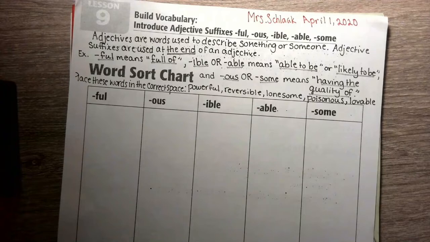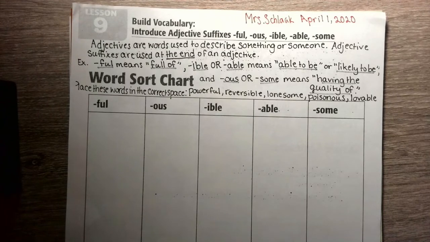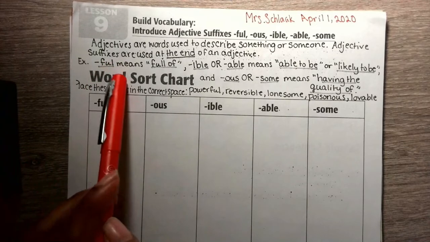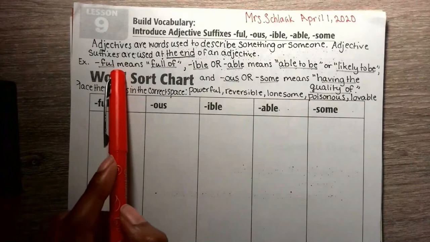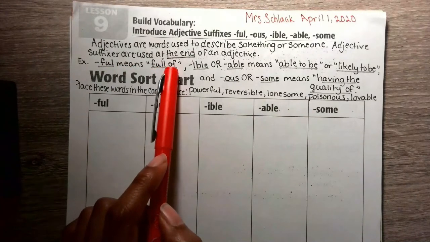And sometimes at the ending of these adjectives, there are suffixes. And these suffixes have specific meanings. So I just gave the example of beautiful. Full means full of.